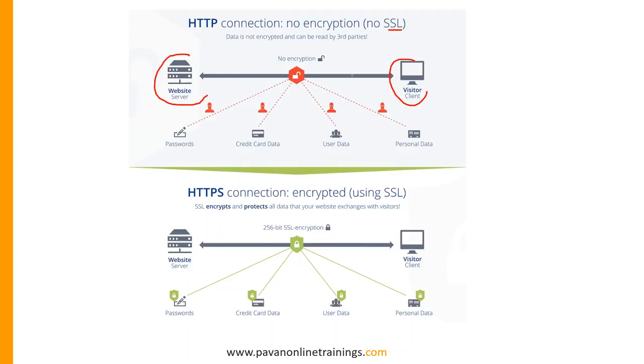So sometimes you will share the password, credit card data, user data, personal data, right? All the data will be securely communicated between the server and the client. So here it is not secure, but here it is secure. So again, between the server and the client, all credit cards, passwords, user data, personal data, all the data will be very securely processed throughout the network. So this is called HTTPS.